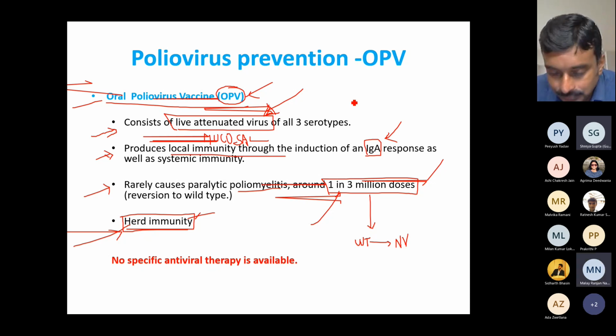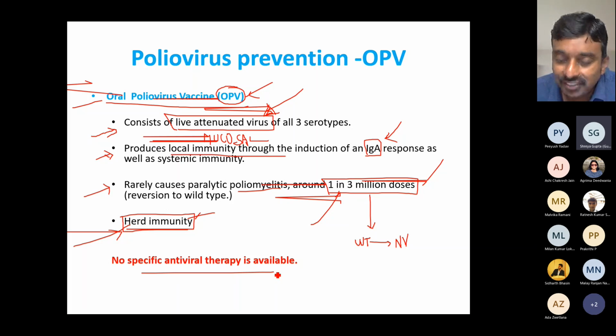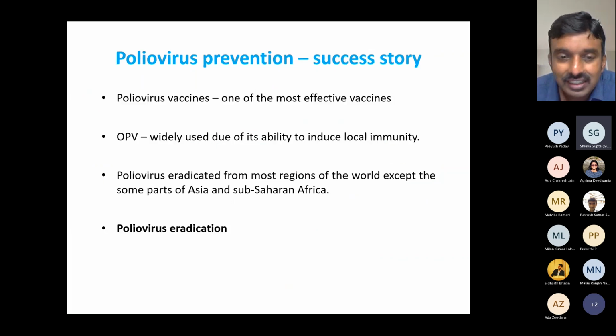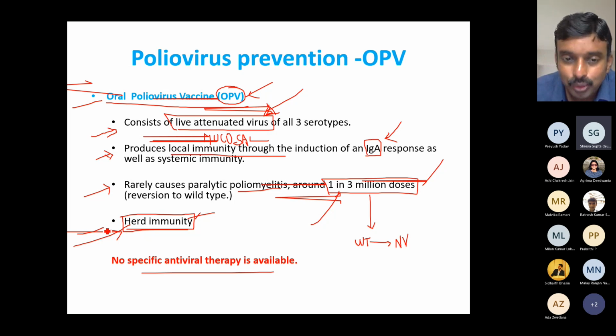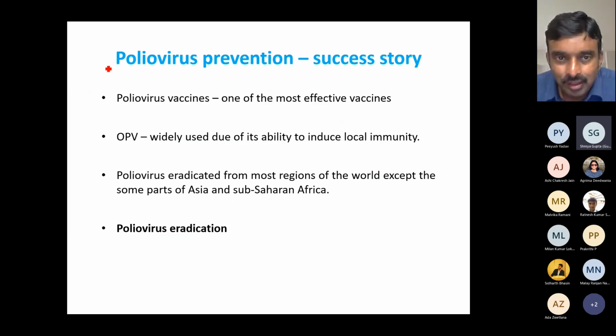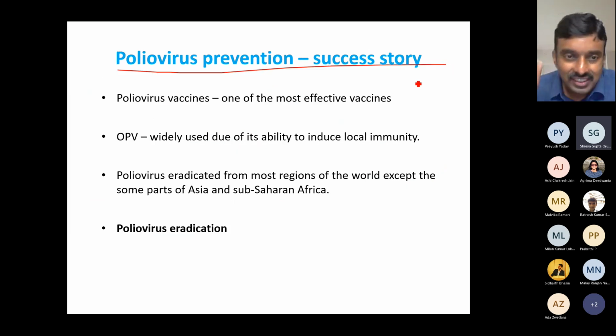Now, there is no specific antiviral therapy available for poliovirus. It's only available for a handful of viruses and not poliovirus. I'll tell you what herd immunity is in a little bit, and then I'll explain the role of OPV in herd immunity. Now, what are the reasons behind the success of poliovirus vaccination?